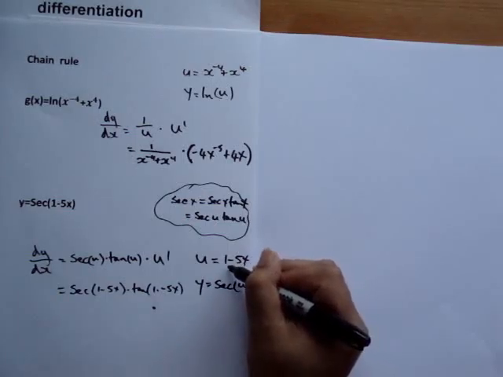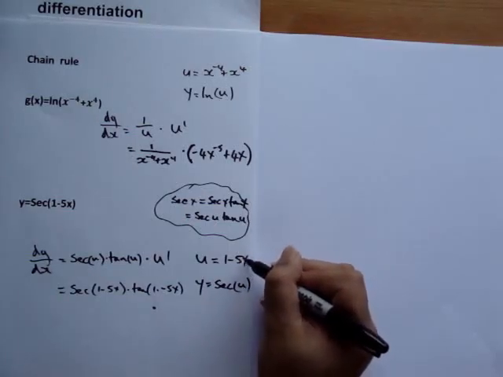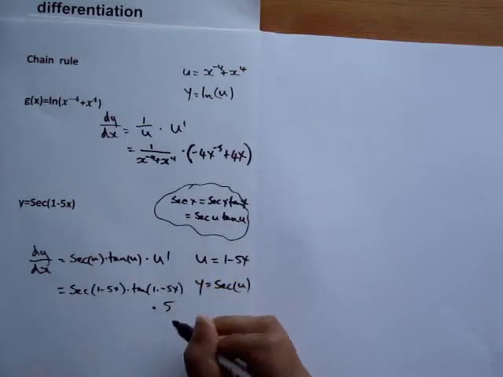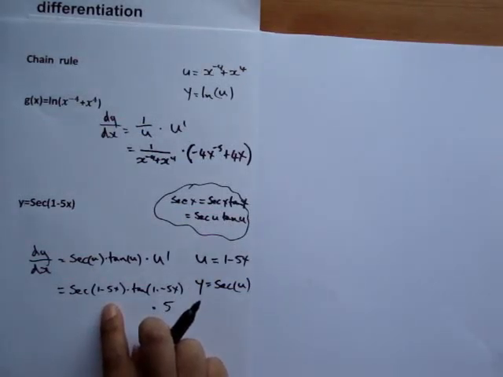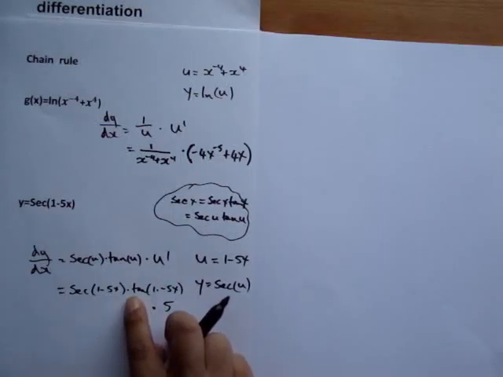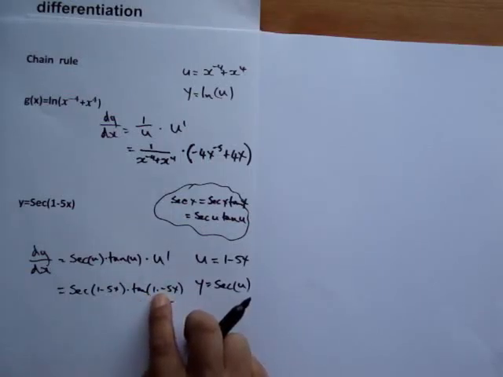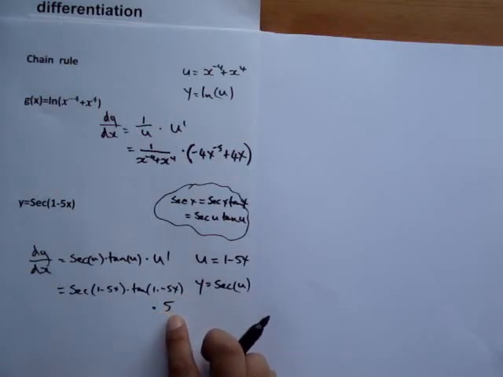When we differentiate this function, we get 5. So the answer is sec 1 minus 5x multiplied by tan 1 minus 5x times 5.